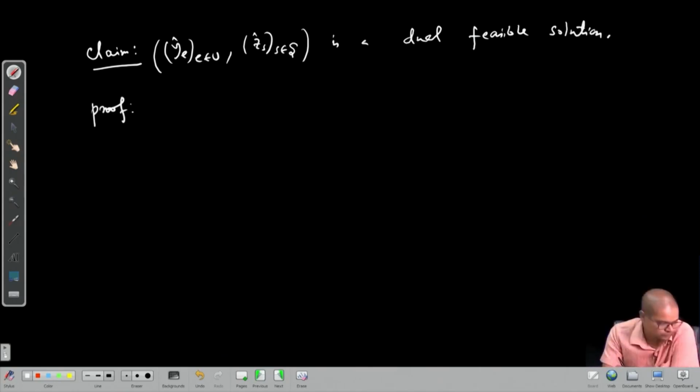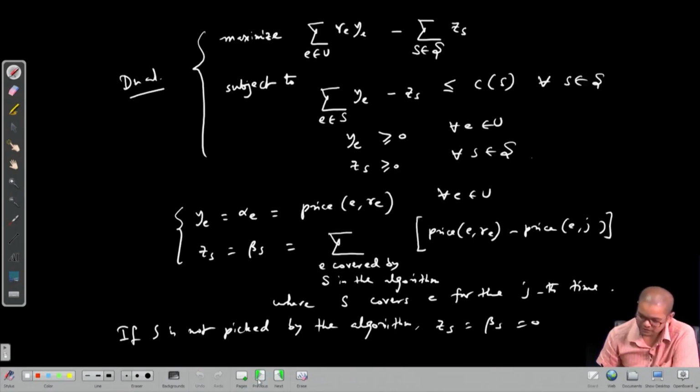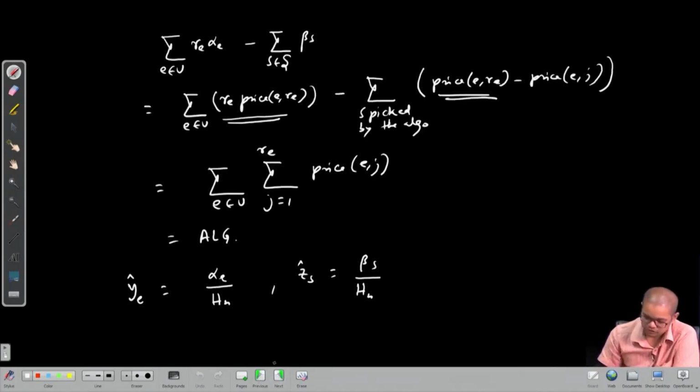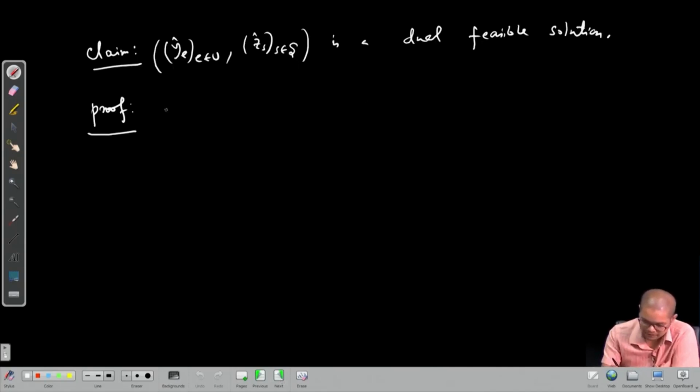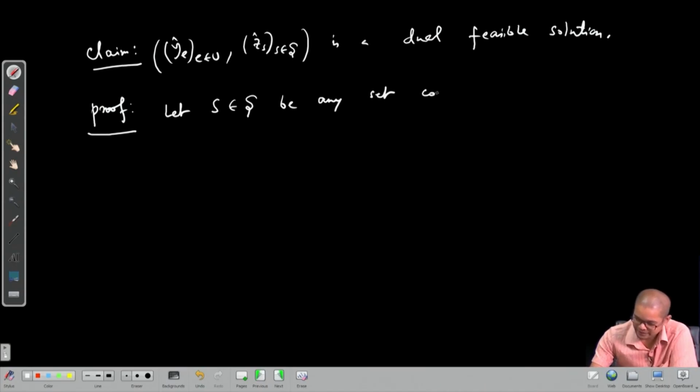Proof. Okay. So what are the dual constraints? For each set I have a constraint. So let S in the collection be any set containing k elements.